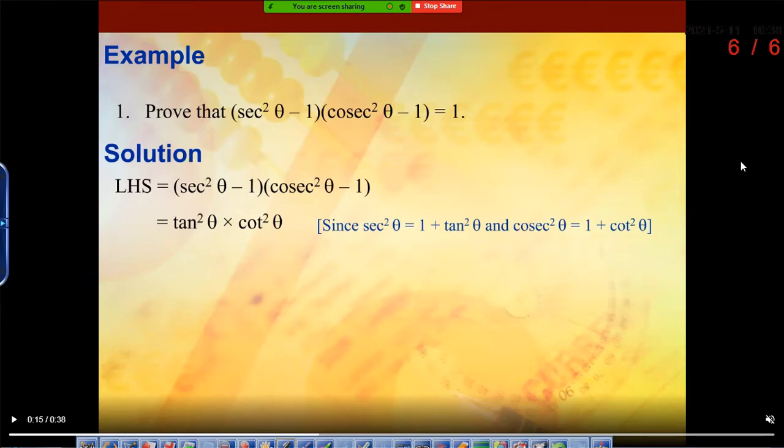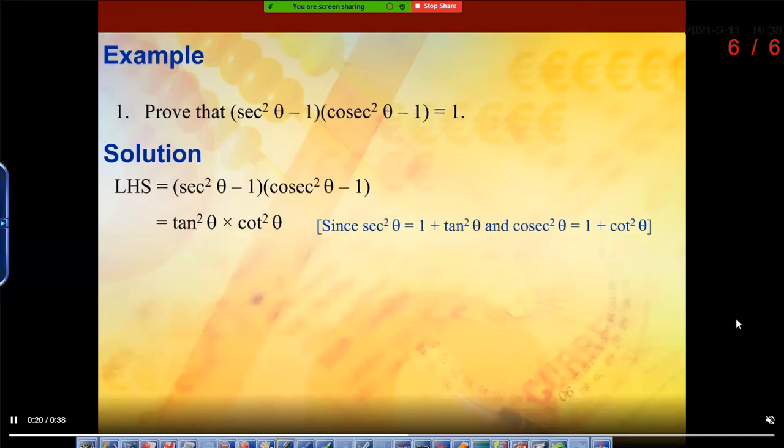Yes, you are right. As we have deduced the fundamental identities, we got secant square theta minus 1 is equal to tan square theta and cosecant square theta minus 1 is equal to cot square theta. So in place of cot square theta, I replace it with 1 upon tan square theta.